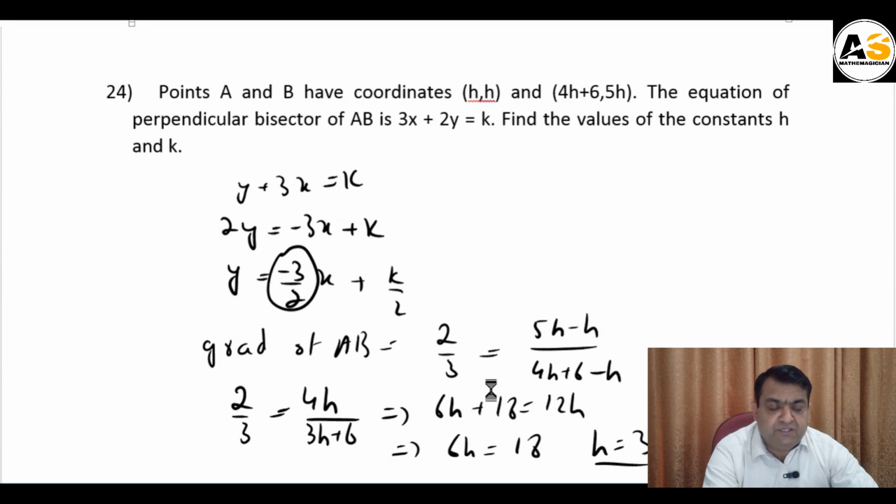I think I made a mistake over here. When we multiply this 2 by 3h plus 6, it will be 6h plus 12, not 18. And from here it will be 12, so h will be 2.